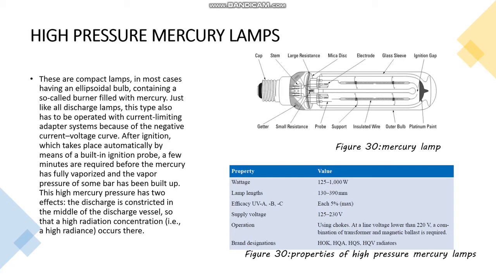After ignition, which takes place automatically by means of a built-in ignition probe, a few minutes are required before the mercury has fully vaporized and the vapor pressure of some bar has been built up. This high mercury pressure has two effects. The discharge is constricted in the middle of the discharge vessel so that a high radiation concentration occurs there. The table shows properties of high-pressure mercury lamps.